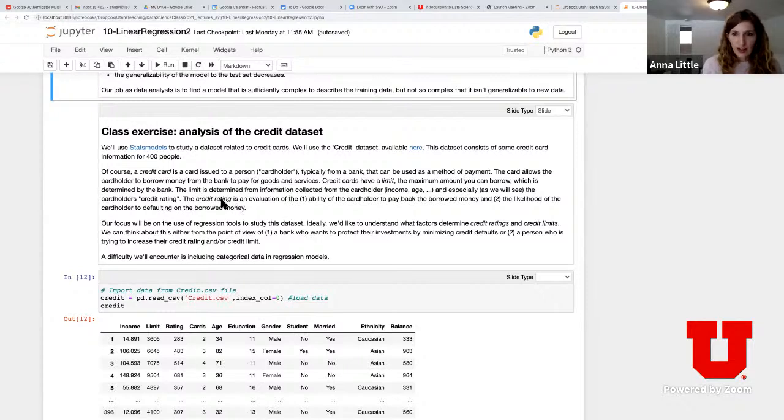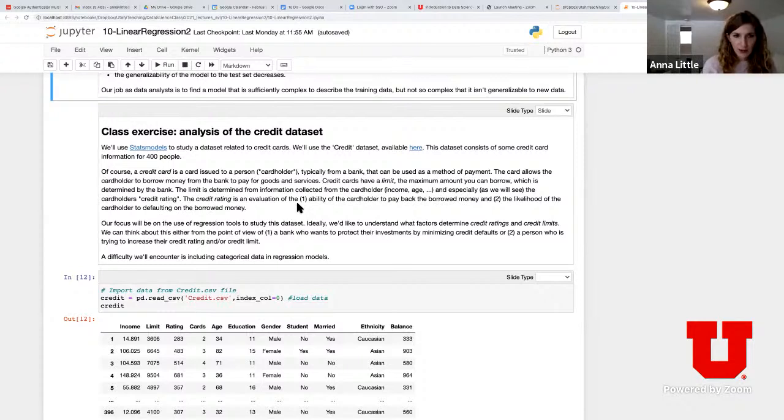Your credit card allows the cardholder to borrow money from the bank to pay for goods and services, but credit cards always have a limit, the maximum amount you can borrow on your card, which is determined by the bank. And this limit is determined from various data collected on you, the cardholder: income, age, history, etc., and your credit rating. This is also important if you want to buy a house or do something like this.